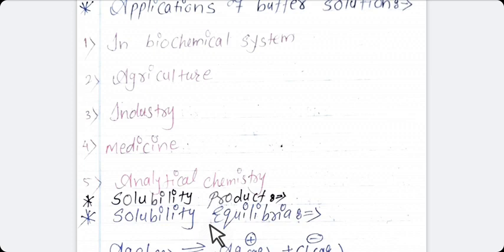As we know, it is a sparingly soluble salt. That's why a very small amount of silver chloride dissolves in water and forms its saturated solution.